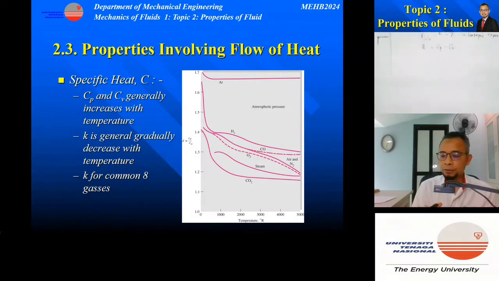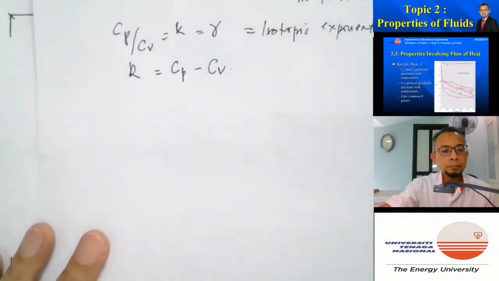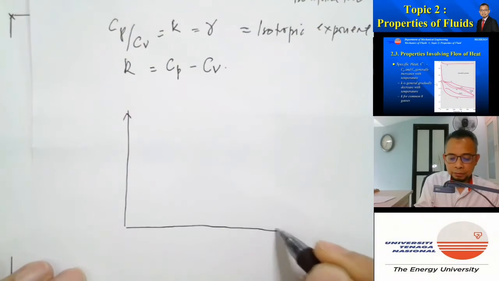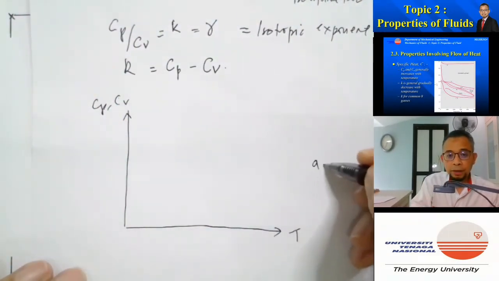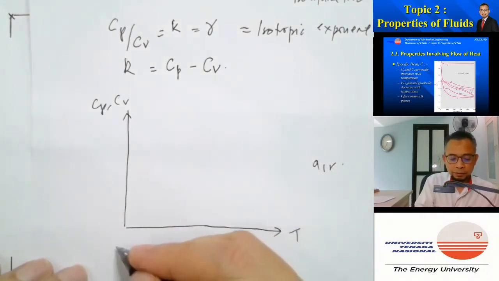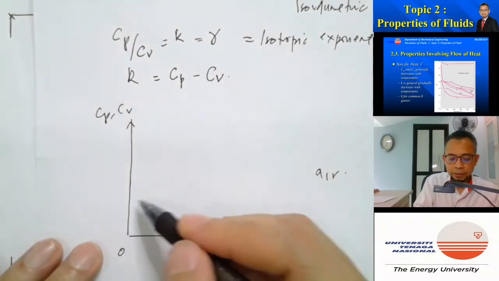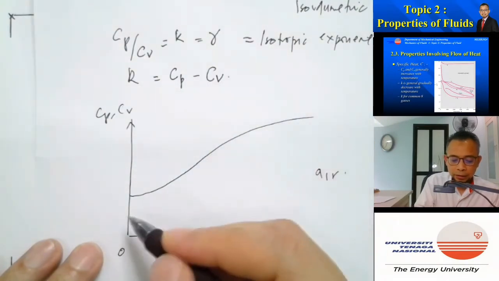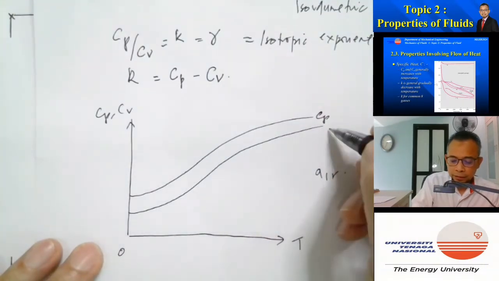For example, if I draw the graph of Cp and Cv with temperature for air, this is 0, and this is all temperature higher than 0. First of all, Cp is like that, and then Cv is like that.